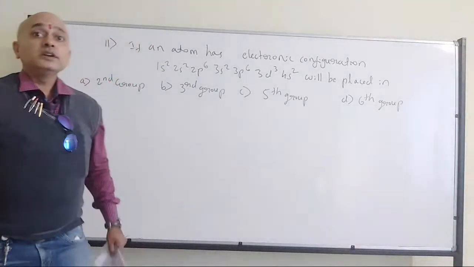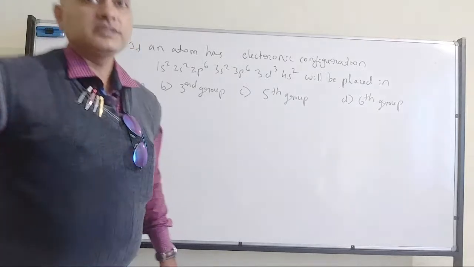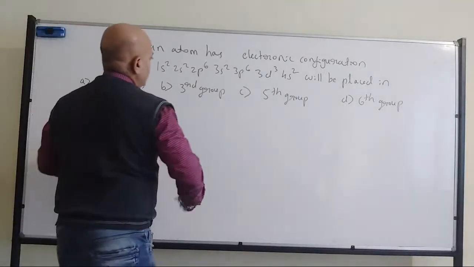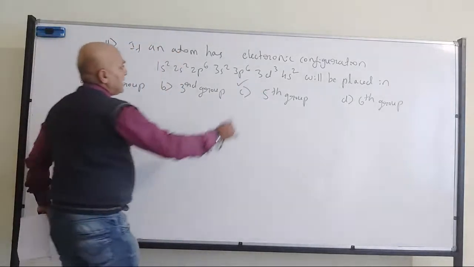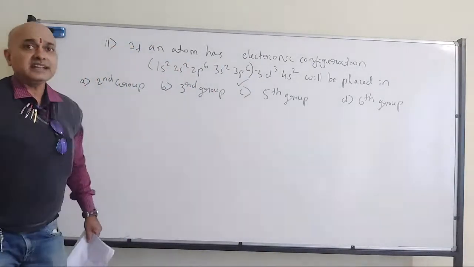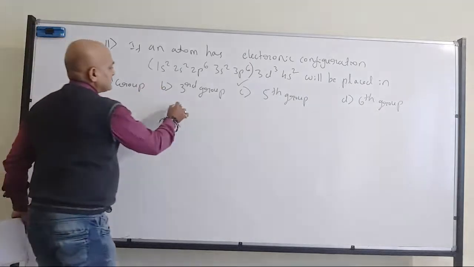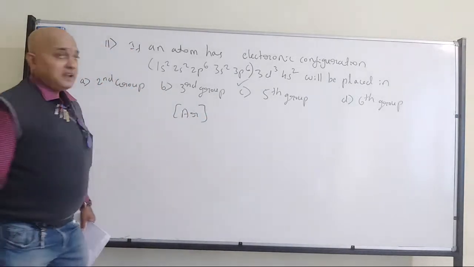Focus on the outer shell electrons. Yes, Shri Vidya, very good. So option C should be the answer because I am not worried about up to here, because it's an inert gas configuration, right? That means they are talking about argon, right?